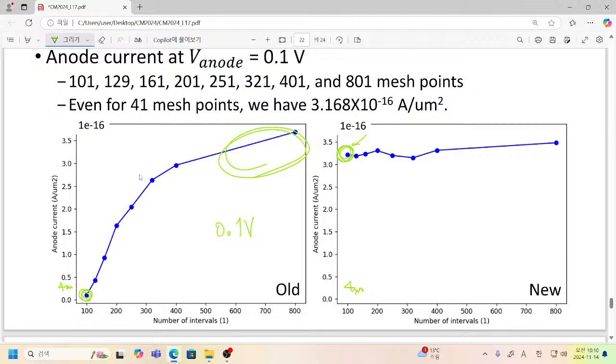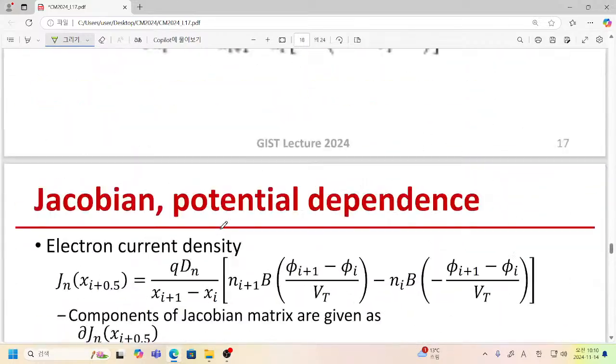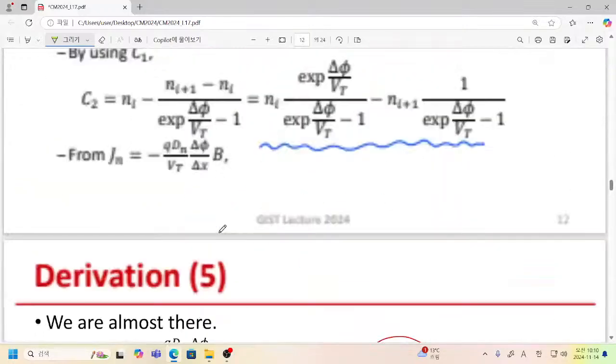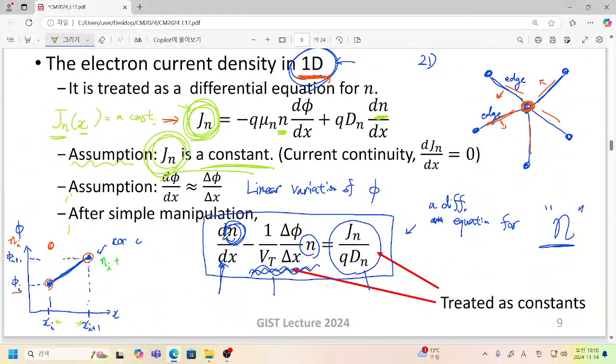So don't be overwhelmed by this achievement, because this achievement was obtained from a very clever idea. What was the clever idea? In my opinion, this assumption, this requirement, is the key.